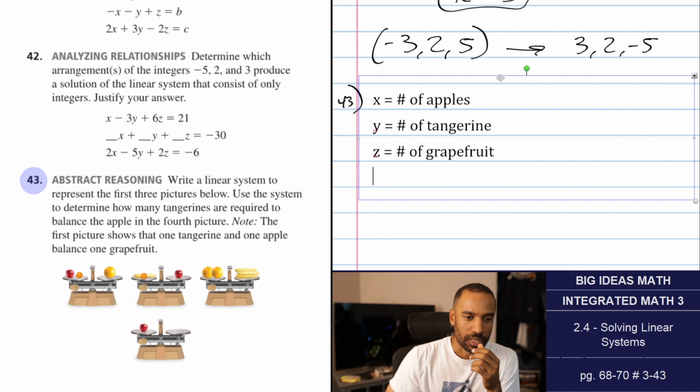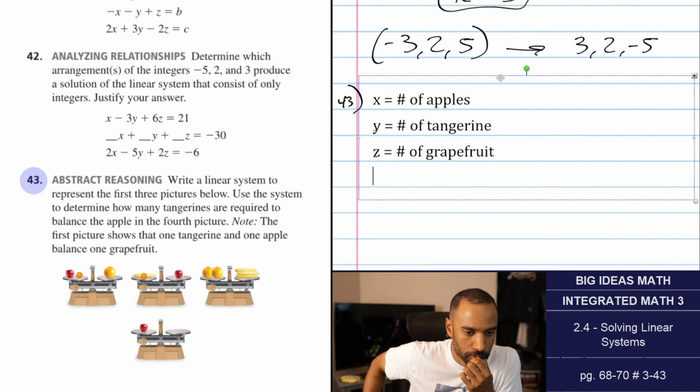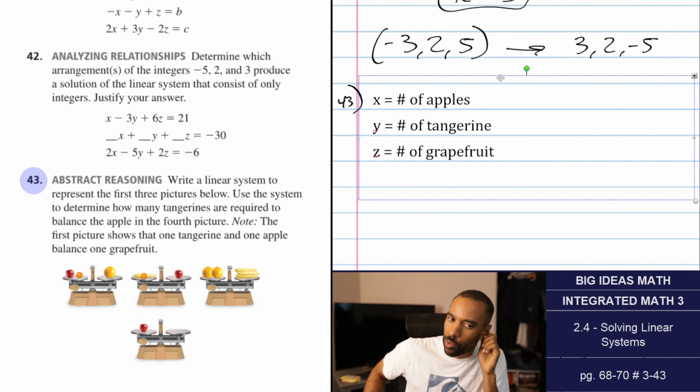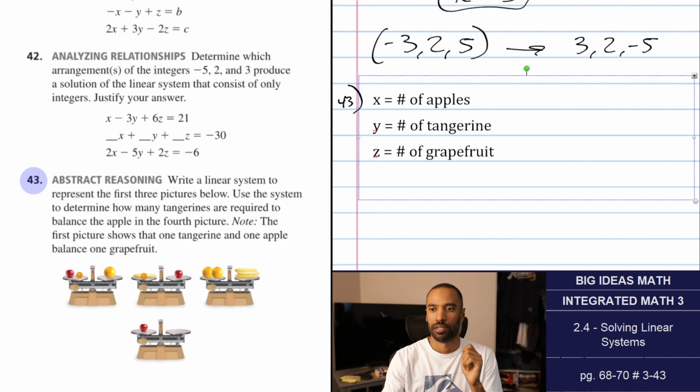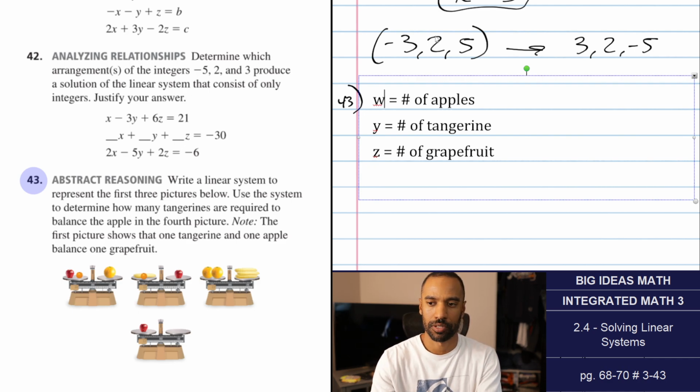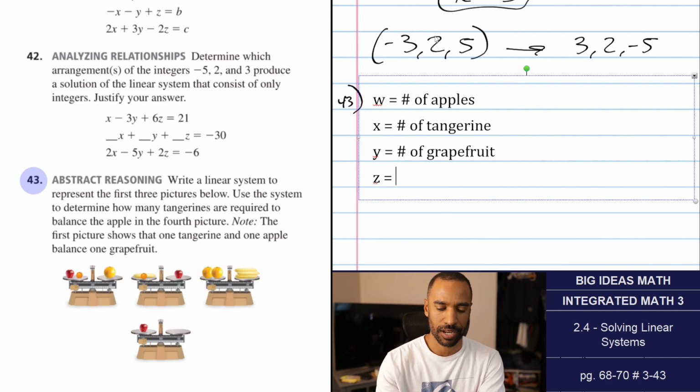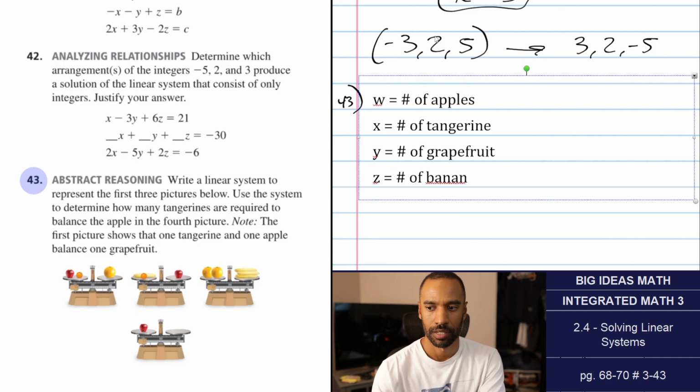Write a linear system to represent the first three pictures below. So I have four variables then. So I'll use W for apples. X, Y, and Z is number of bananas, I guess.